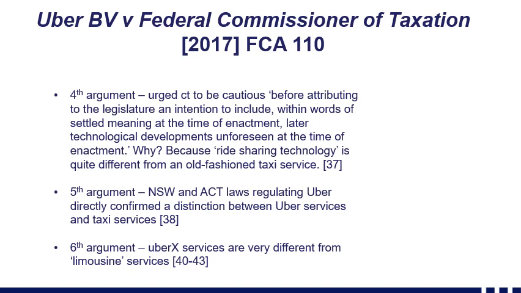So Uber's fourth argument, it urged Justice Griffiths to be cautious before attributing to the legislature an intention to include within words of settled meaning at the time of enactment later technological developments unforeseen at the time of the enactment. Well, sometimes there are gaps in legislation, and we've got social change over time, and we saw that with the Lupino case, didn't we?